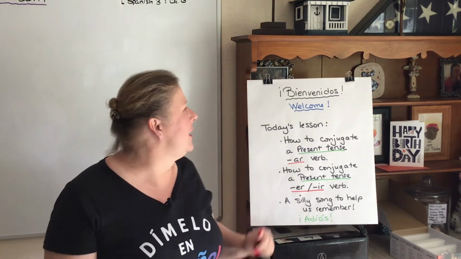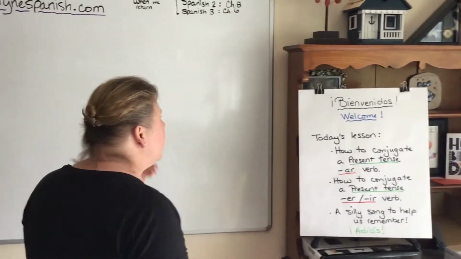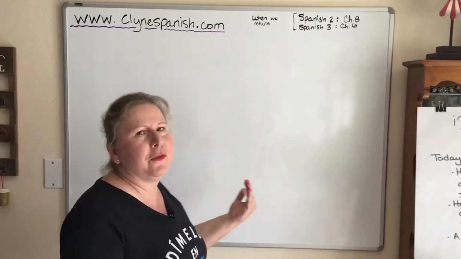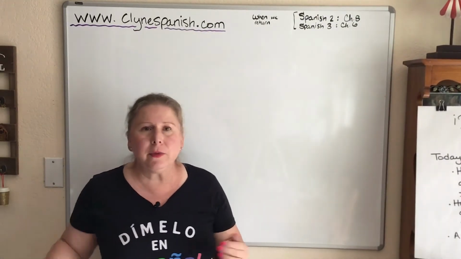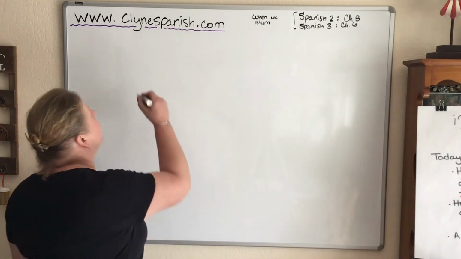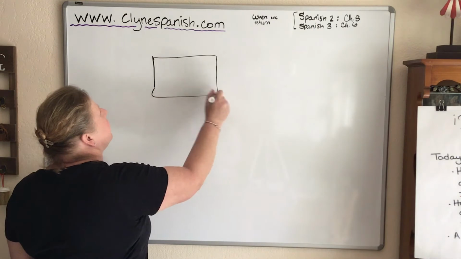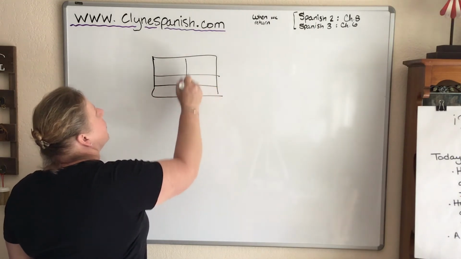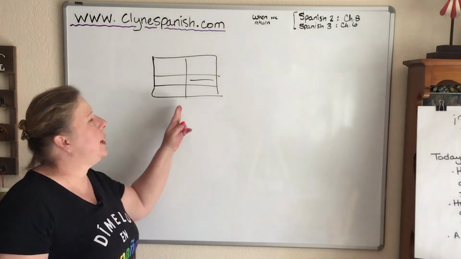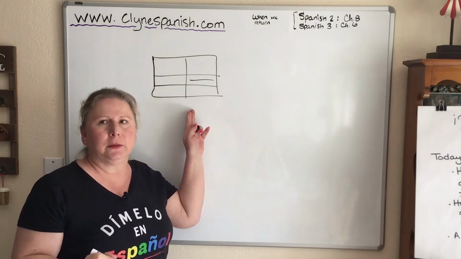All right, so for today, let's take a look. We spoke about the verb chart. Remember that was really, really important, where we spoke about how all verbs need to go into a verb chart, right?